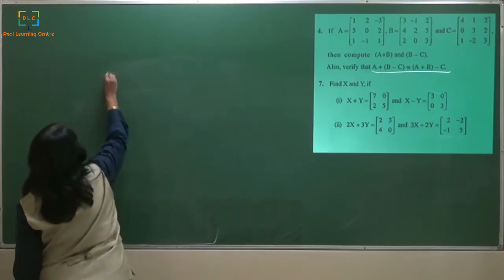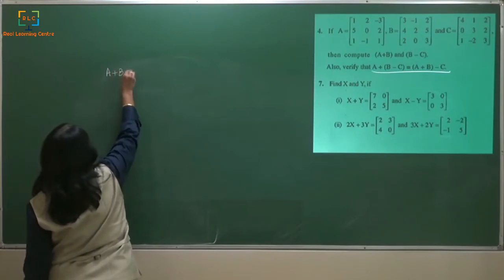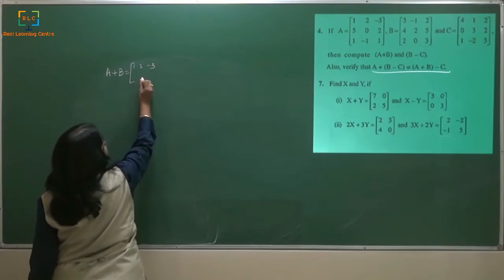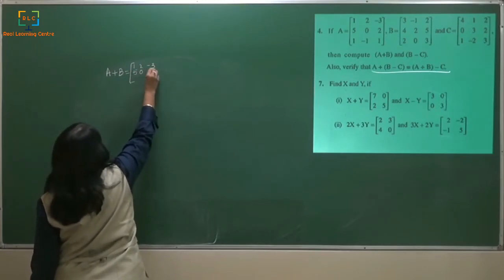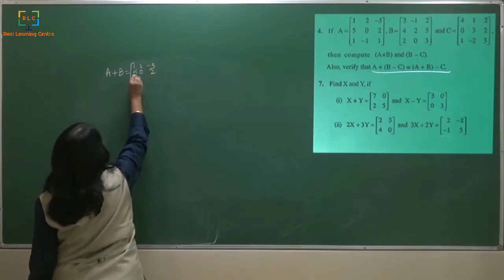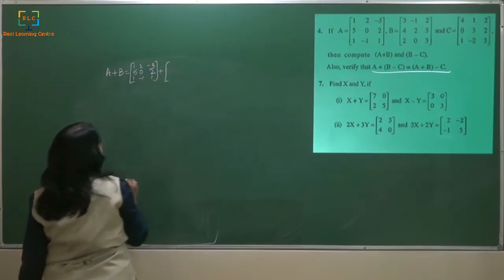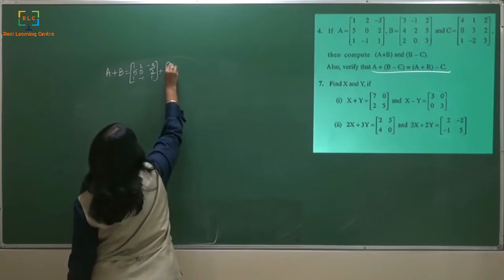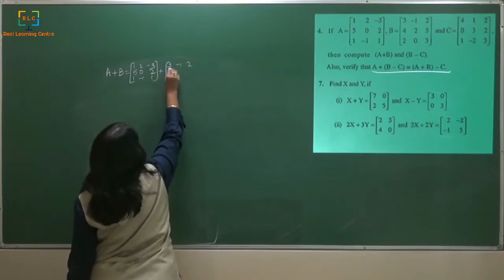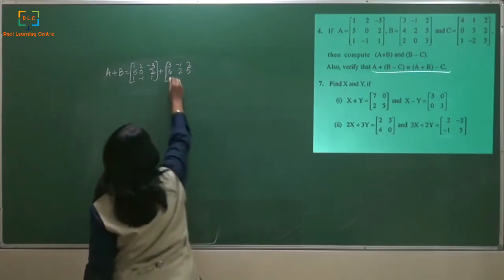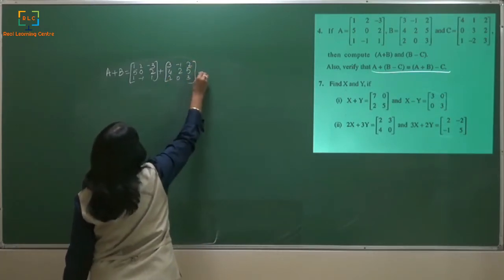So I shall do A plus B. A plus B is equal to [1, 2, minus 3; 5, 0, 2; 1, minus 1, 1] plus B, which is [3, minus 1, 2; 4, 2, 5; 2, 0, 3]. I shall add this.